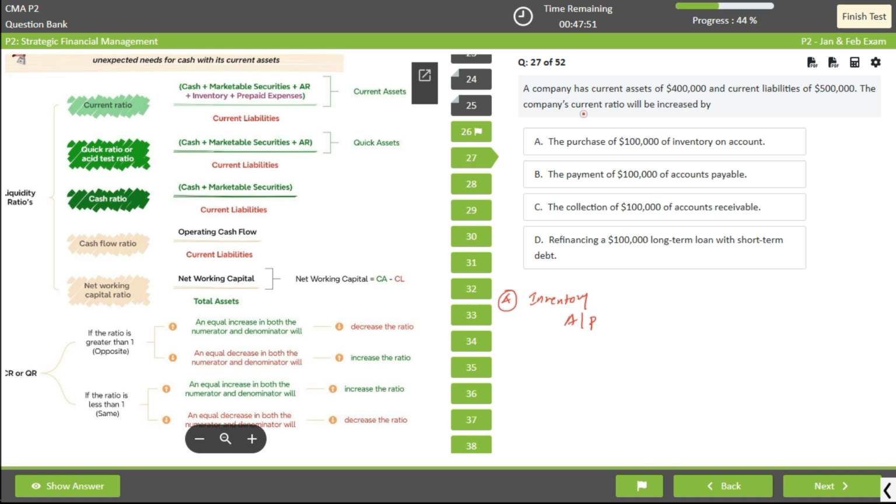They're asking about the current ratio. Your inventory increases, your accounts payable increases. First let us see what your current ratio is. Current ratio is equal to current assets by current liabilities, 400 by 500, and your current ratio is less than 1.